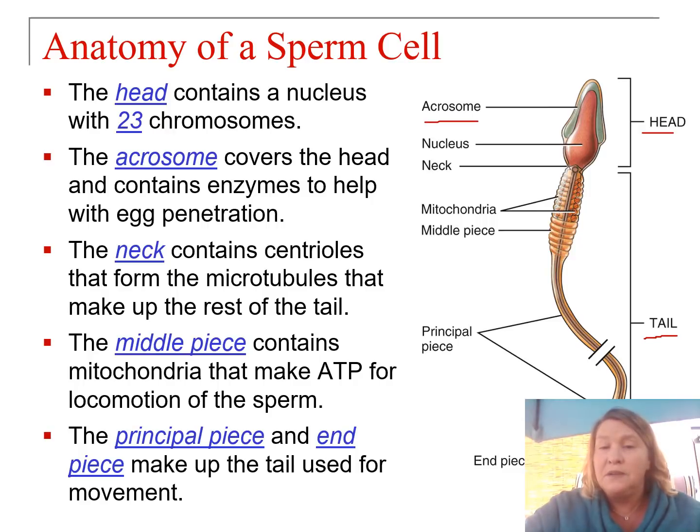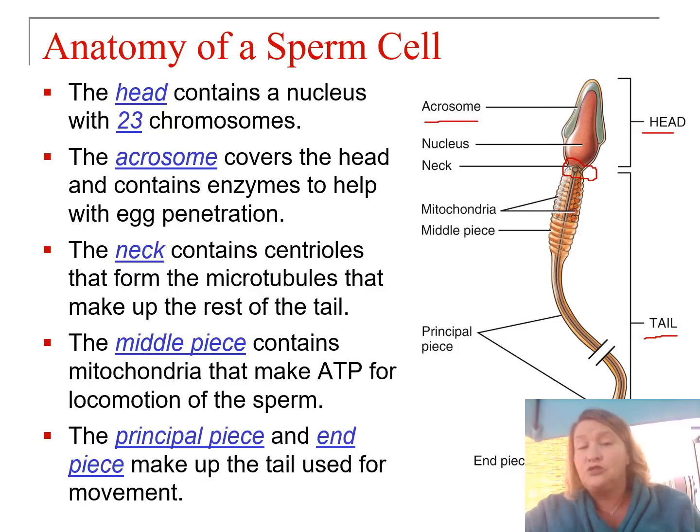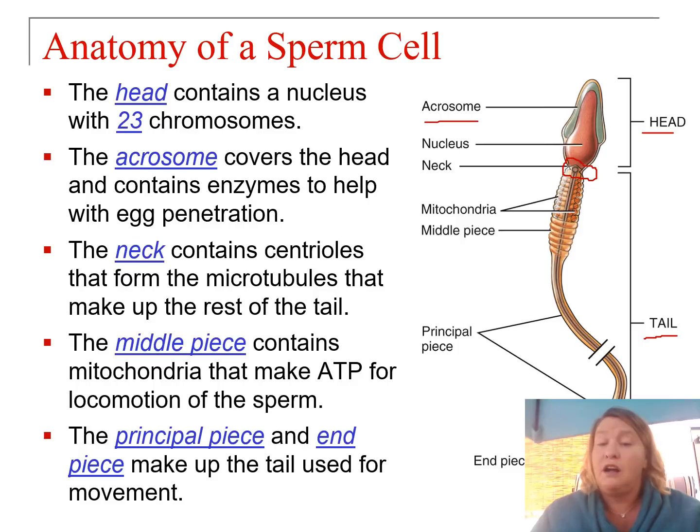The neck piece, you can see it right here. That contains centrioles, and those centrioles form microtubules, and that's what makes up the rest of the tail, and that's what allows the flagella to move and to allow the sperm to be motile. This middle piece right here contains a whole bunch of mitochondria.